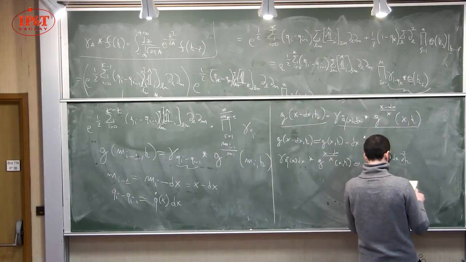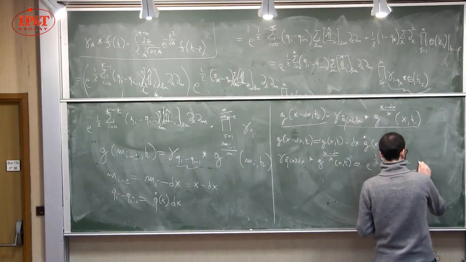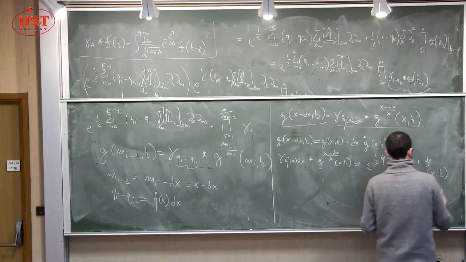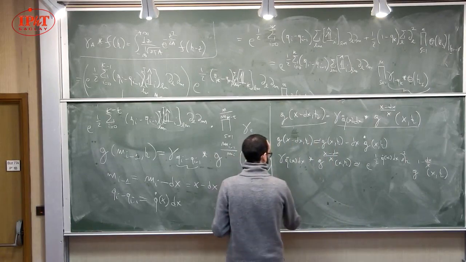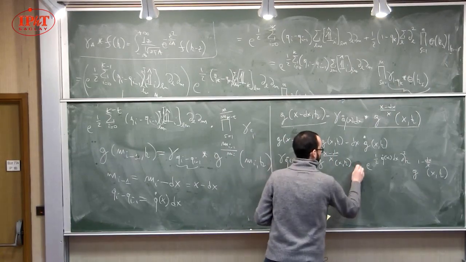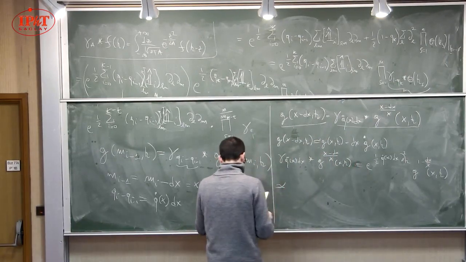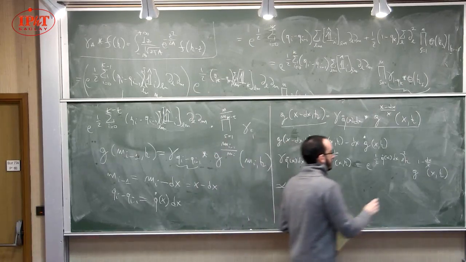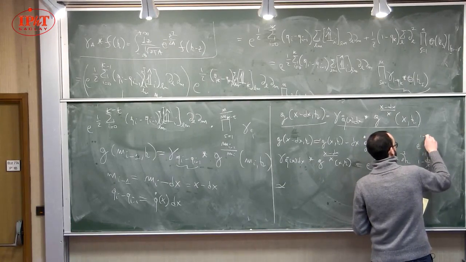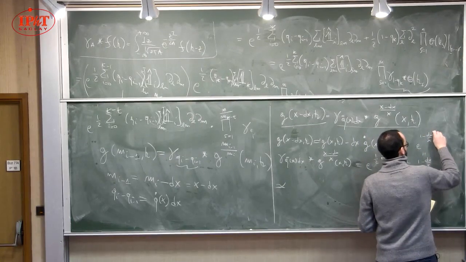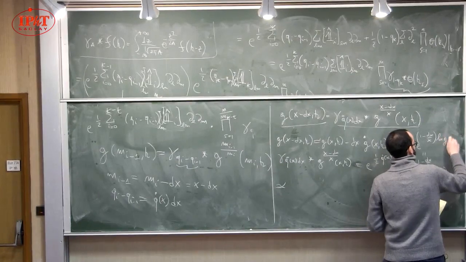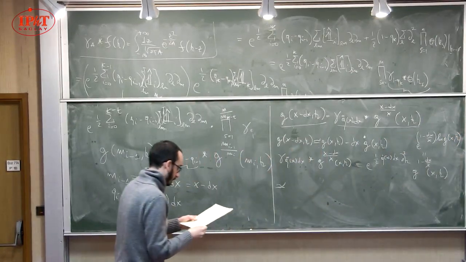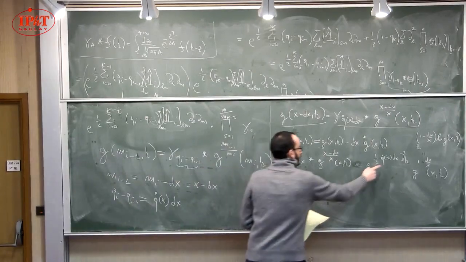And then I have, of course this can be written as e to the 1 minus 2x of x out of g. Okay, so let me develop this.